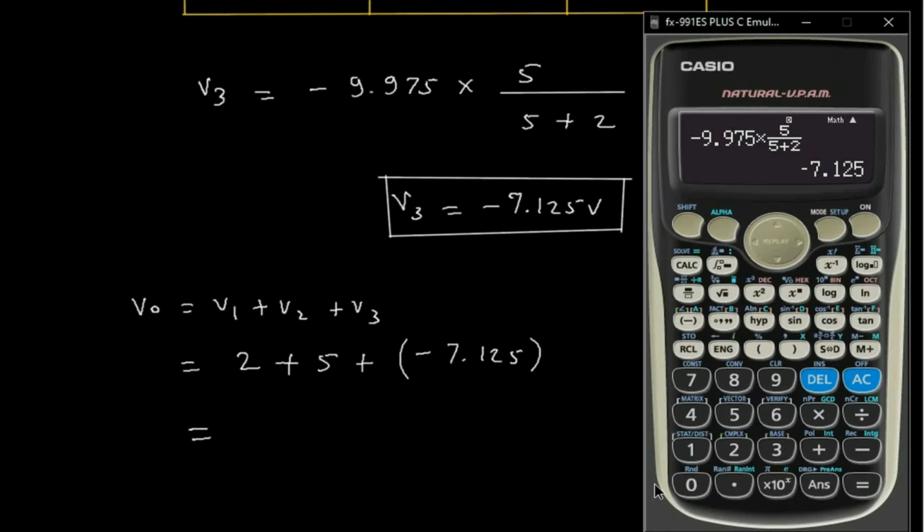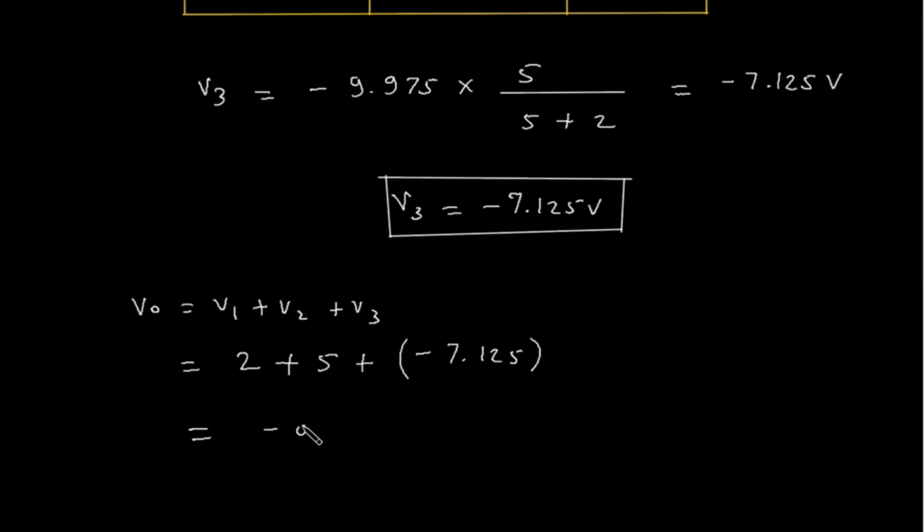So this will be 2 plus 5 plus minus 7.125. So this will be minus 0.125 volt. This is the value of VO.